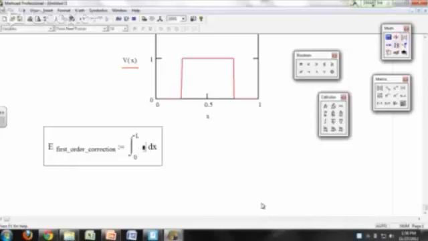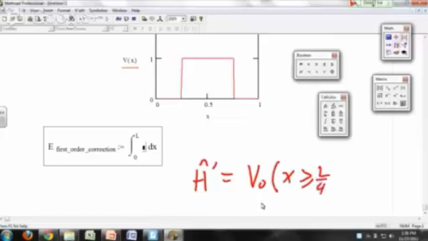And what is my perturbation? My perturbation is V naught times x greater than or equal to L over 4 times x less than or equal to 3L over 4. That's what I'll type here.